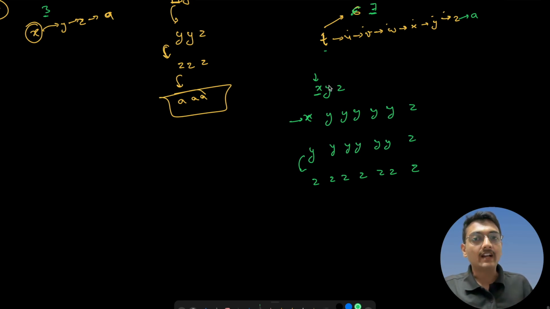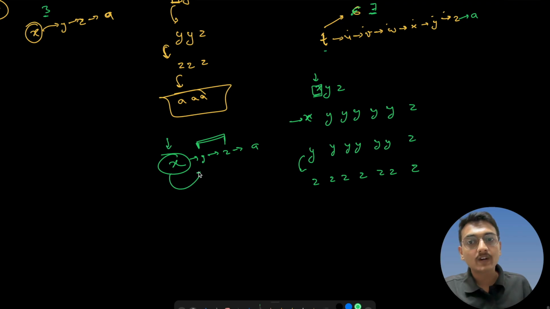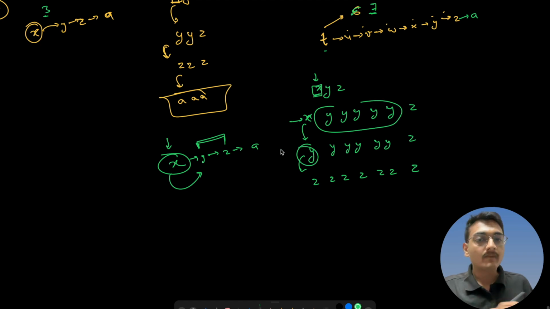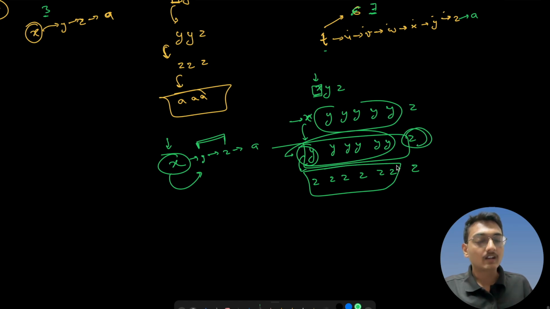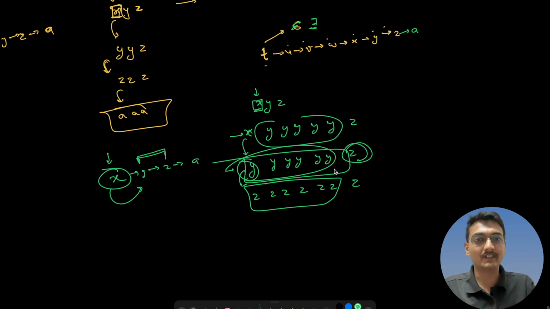That way we can utilize the power of the lowest character, because eventually we have to convert this X to Y to Z, and Z to A. This is the lowest possible character, so whatever characters are present in between will be converted when we convert this X to Y. When we converted X to Y, these Y's got converted when we converted all the Y's to Z, and this Z was taken care of when we converted all these Z's to A. So that's the whole intuition behind solving this problem.